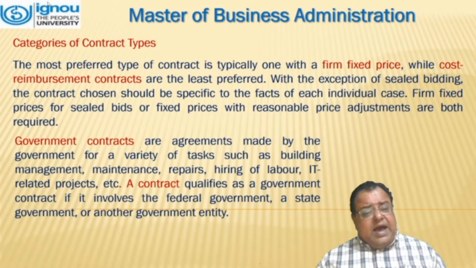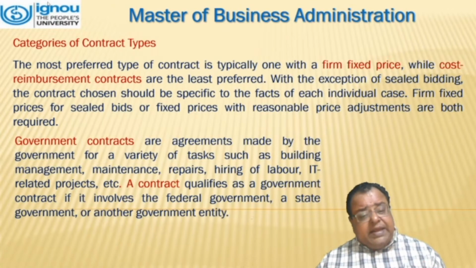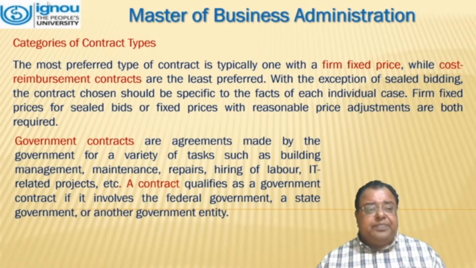Government contracts are agreements made by the government for a variety of tasks such as building management, maintenance, repairs, hiring of labor, IT related projects, etc. A contract qualifies as a government contract if it involves the federal government, a state government, or any other government entity.